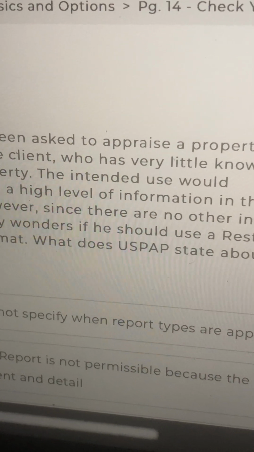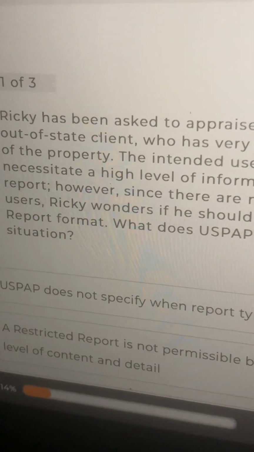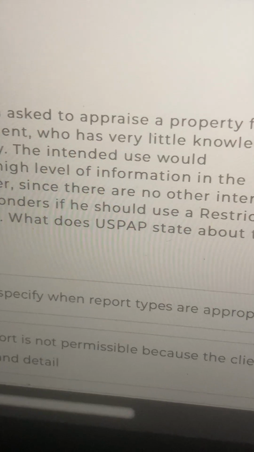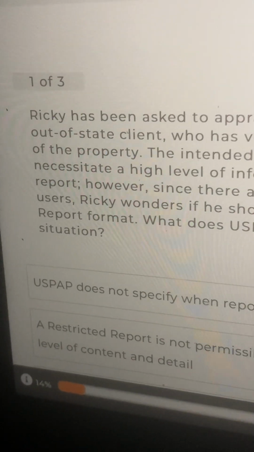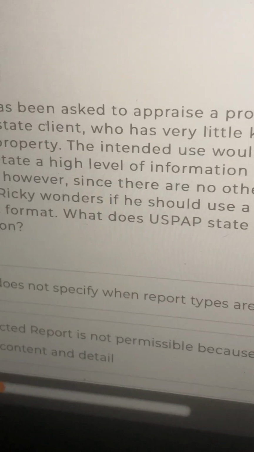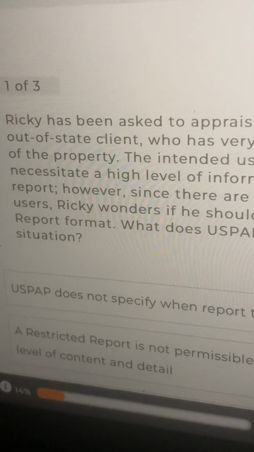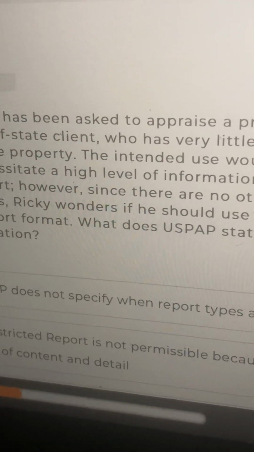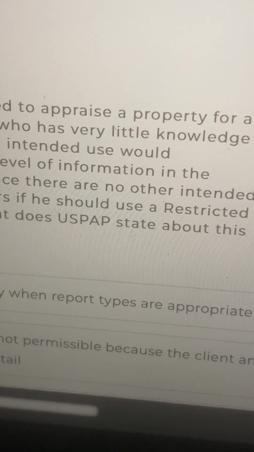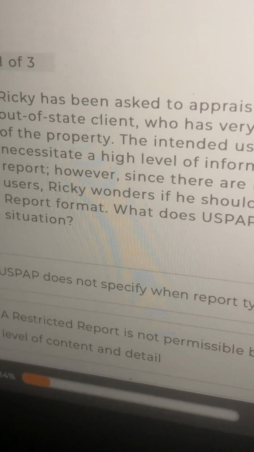The intended use would necessitate a high level of information in the report. However, since there are no other intended users, Ricky wonders if he should use a restricted report format.